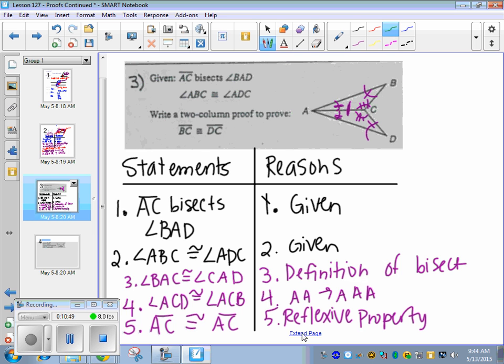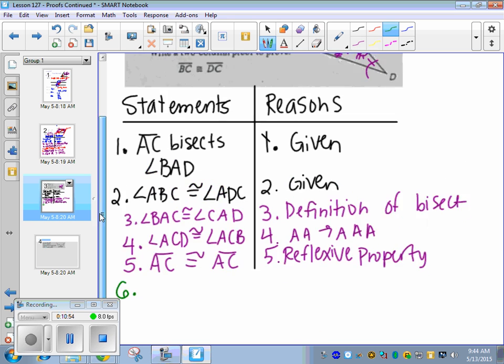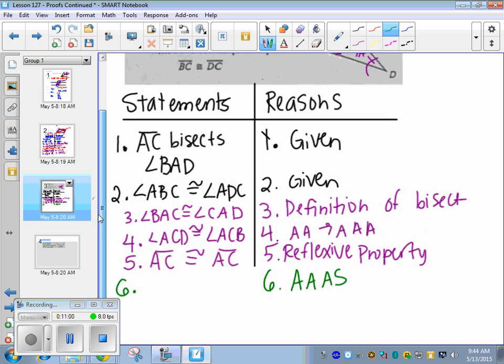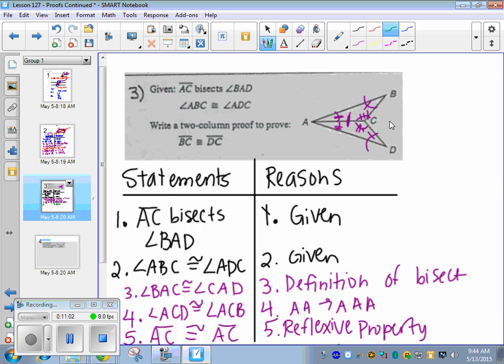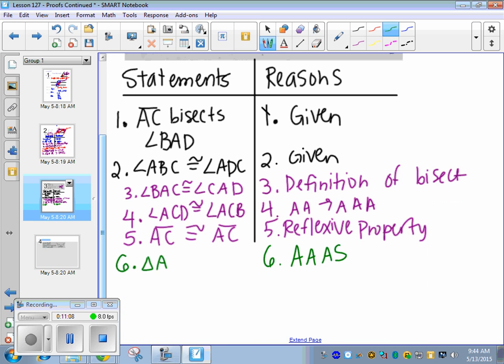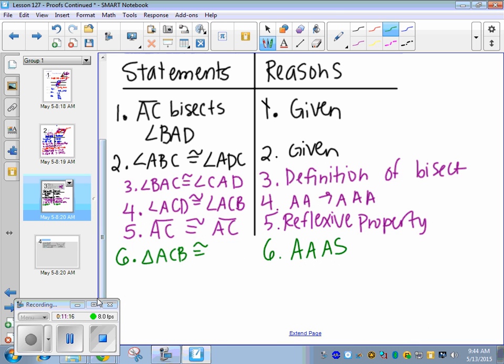So Tom, now what do we know? Okay, good. We know that the triangles are congruent by angle, angle, angle, side. So we have to say them in the right order. So if I go A, C, B on the top triangle, what would the next one be? Good.